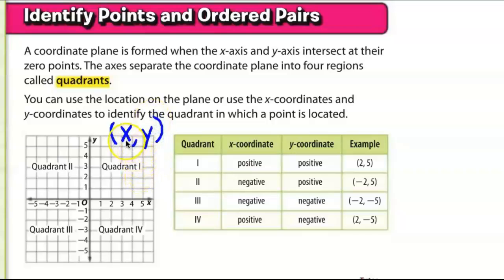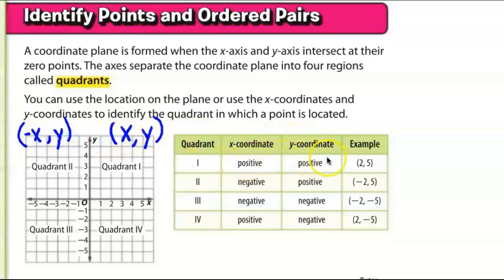So for quadrant 1, a point would look like a positive x and positive y. For quadrant 2, however, you'll notice this is the x-axis. All of these are going to be negative numbers. So for quadrant 2, the x values will all be negative. But in quadrant 2, you'll see the number line up here, these are all positive. So the y value will be positive.